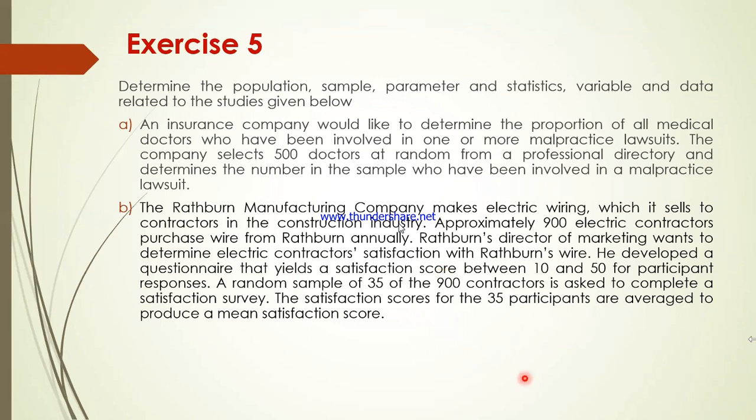Who have been involved in one? No. If you are asking this question, who have been involved in one or more malpractice lawsuits, what will be the answer? Now I am taking a doctor or respondent, and I am asking who have been involved in one or more malpractice lawsuits. What is the answer? No, number of doctors, no. Now we want to find out how many doctors were involved in malpractice.